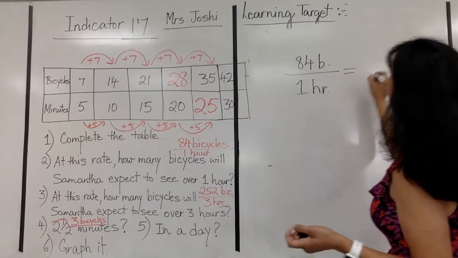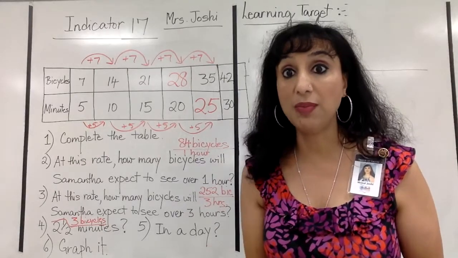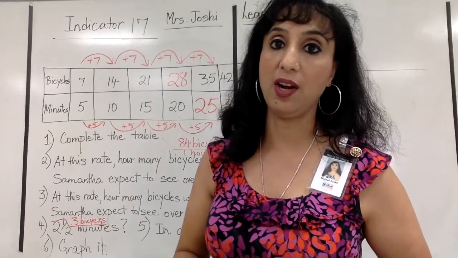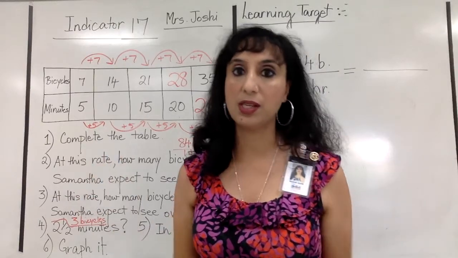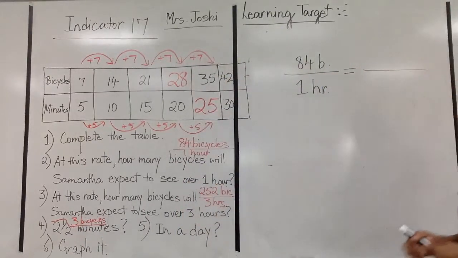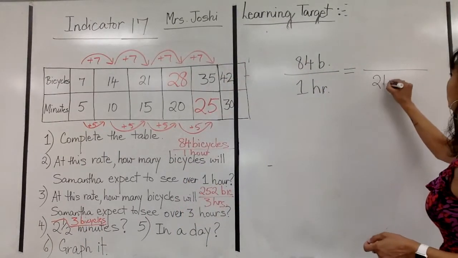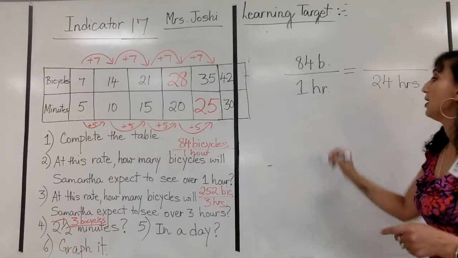So in 1 day, you know that we have 24 hours. We're going to assume that the same rate is going on, all right? Don't say that the day is only 12 hours, because guess what? It's actually 24 hours, okay? So we are going to take it as 24 hours, because that is what 1 day is.